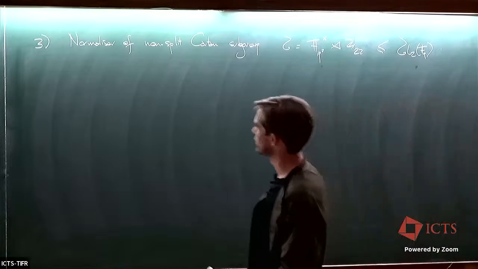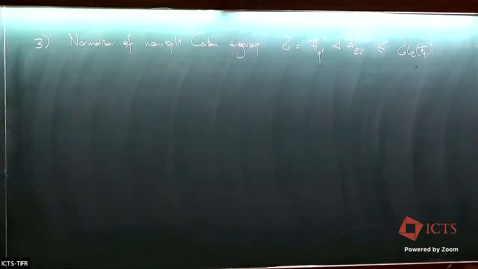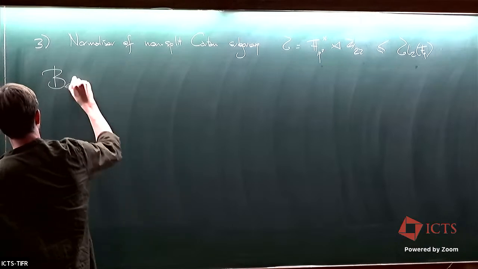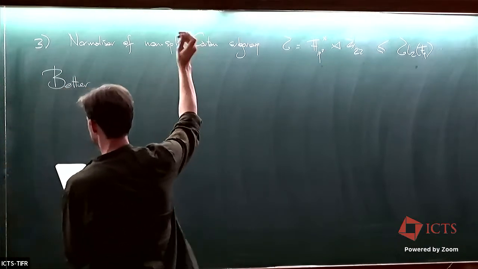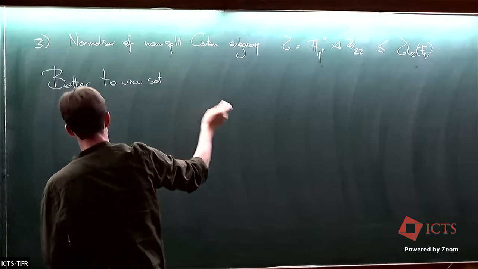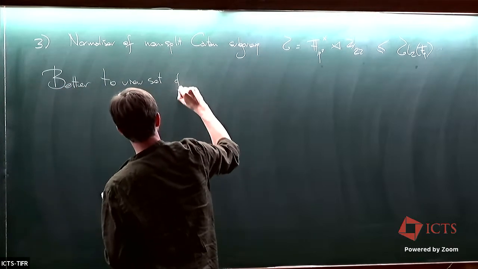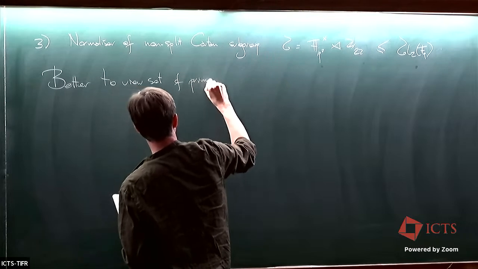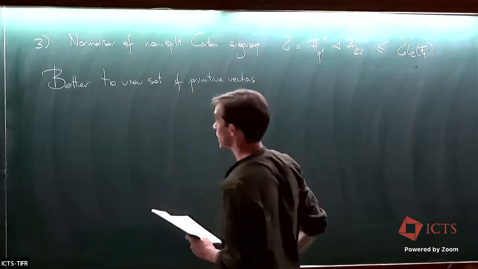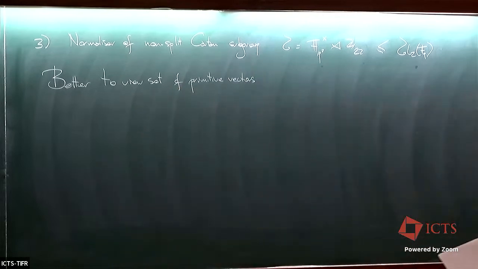Now, already here we can feel something coming. We're not going to want to write this out in terms of the basis as we have done before. That'll just become messy. So it's better to view the set of primitive vectors as elements in F_{p^2} that are non-zero.